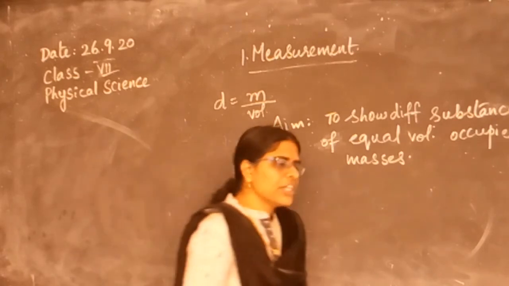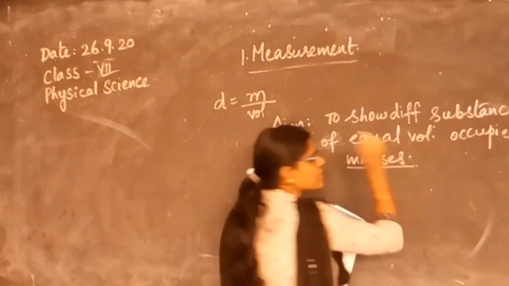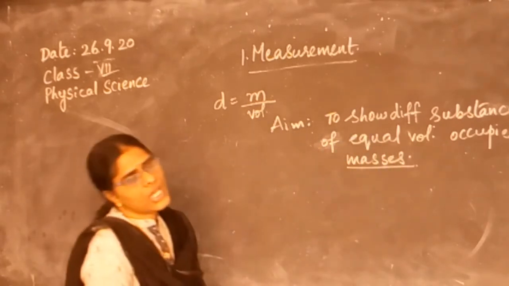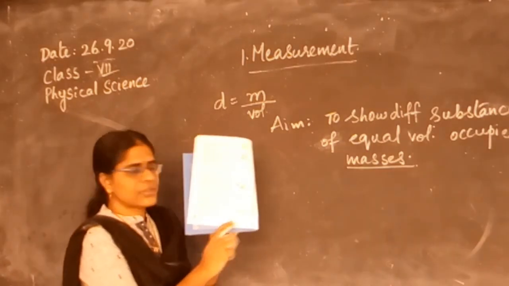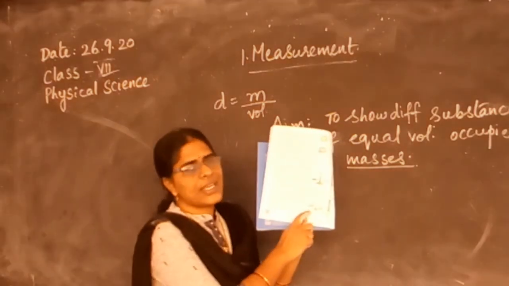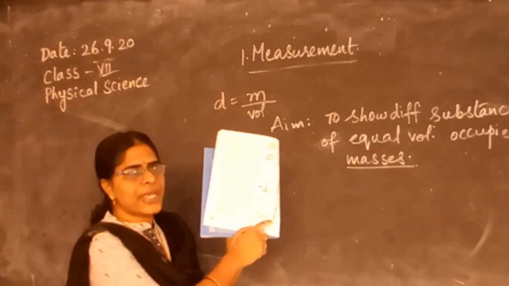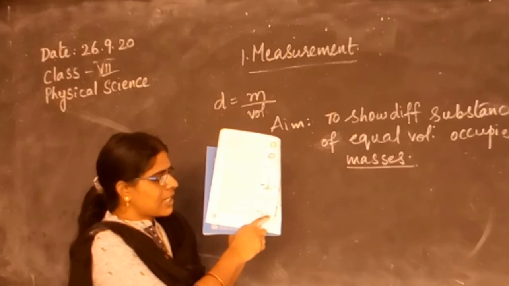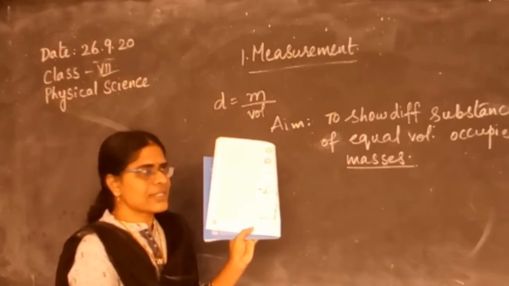In order to find out the mass, which instrument do we use? A beam balance. Look at your activity 3. The same thing: he has taken a beam balance, again with 2 pans. He has taken the same glasses.